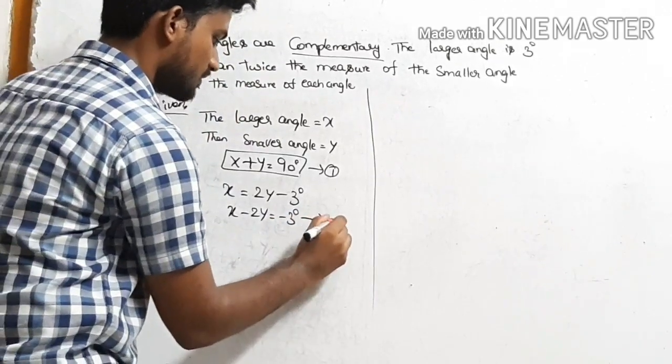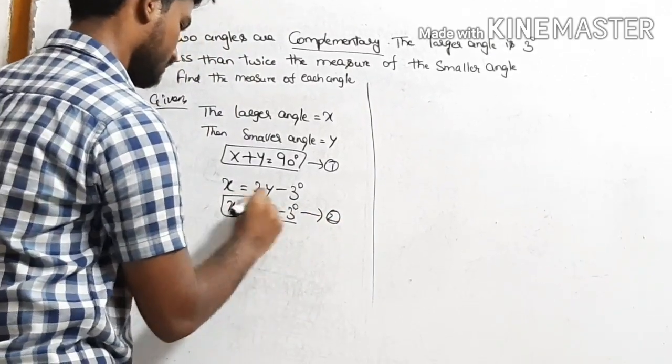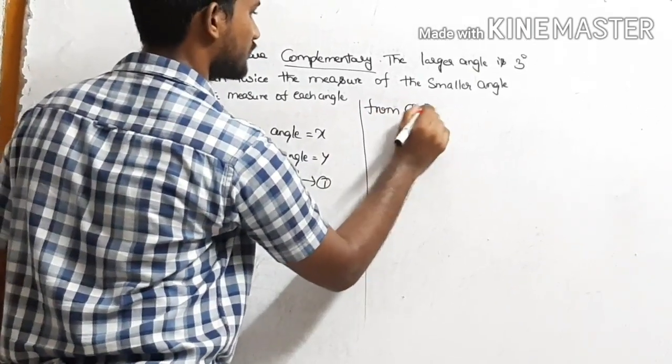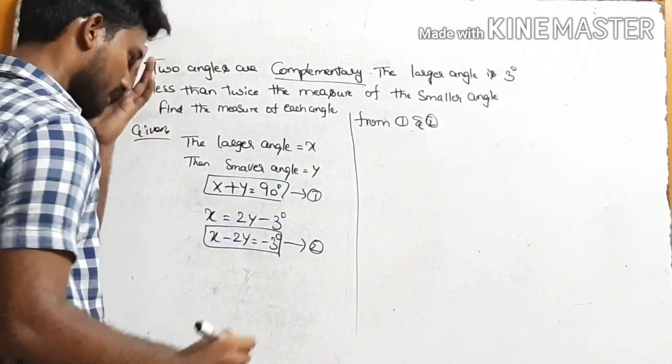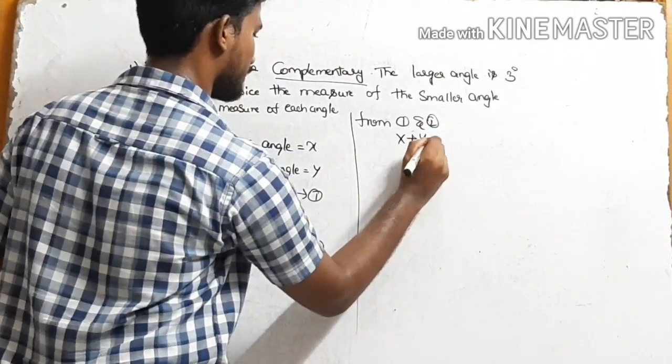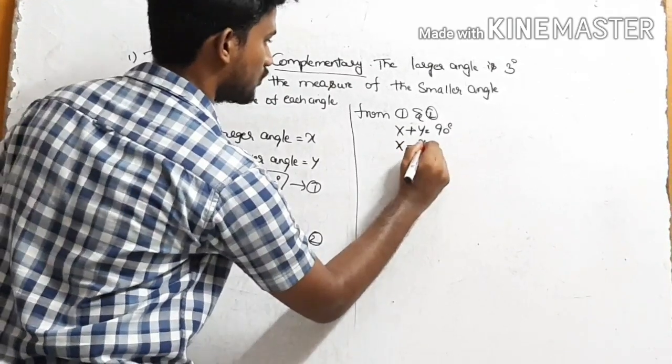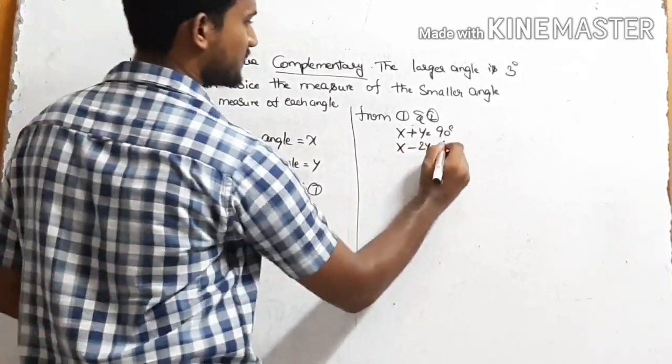This is the second equation. From 1 and 2, x plus y equals 90 degrees and x minus 2y equals minus 3 degrees.